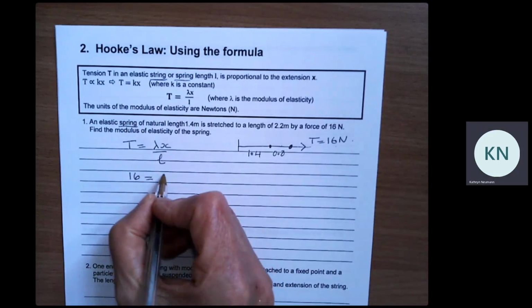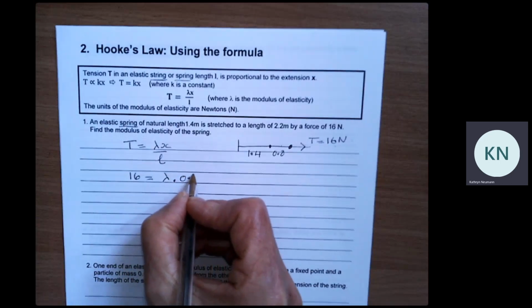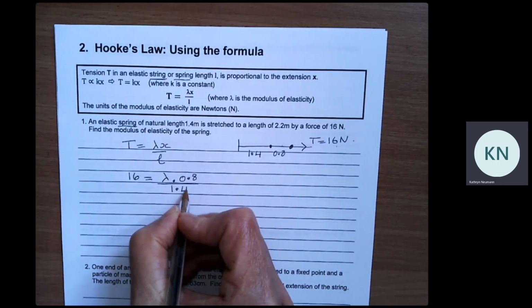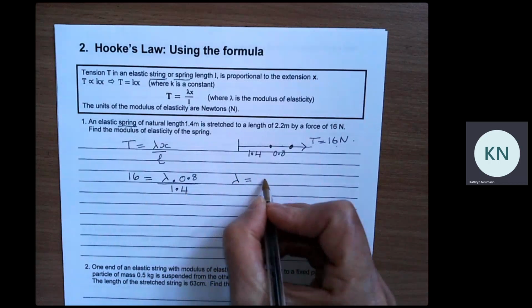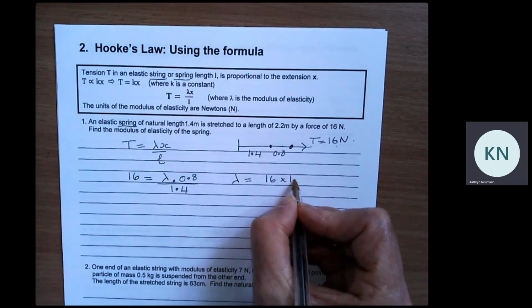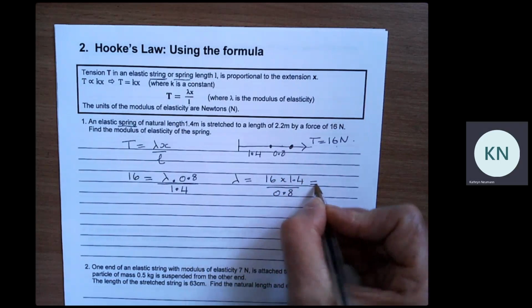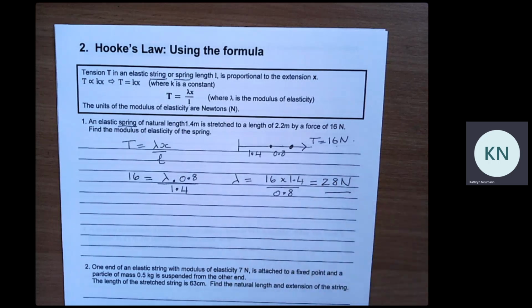So that is equal to lambda, which we're trying to find, multiplied by the extension, which is 0.8, divided by the natural length of the spring, which is 1.4. Rearranging that, lambda is 16 multiplied by 1.4 divided by 0.8. And that gives me 28 newtons. So that is the modulus of elasticity for that spring. So it's how stretchy the spring is.